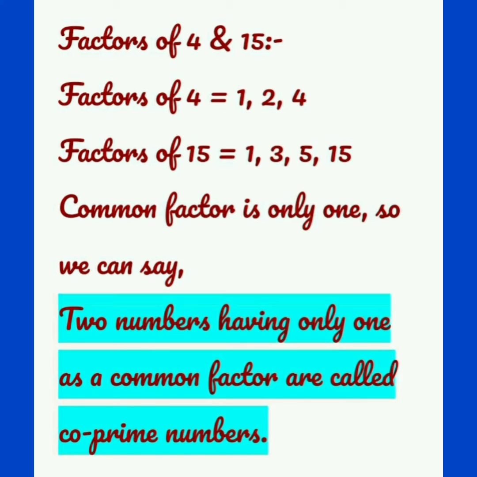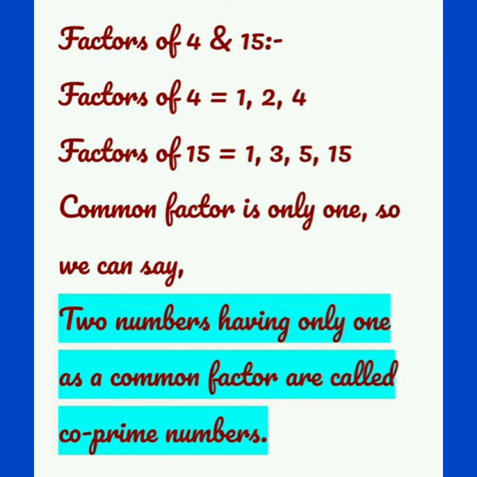So we say two numbers having only 1 as a common factor are called co-prime numbers. So remember it. कोई दूसरा number common factor नहीं रहेगा. Only 1 रहेगा. तो we tell those two numbers as co-primes.